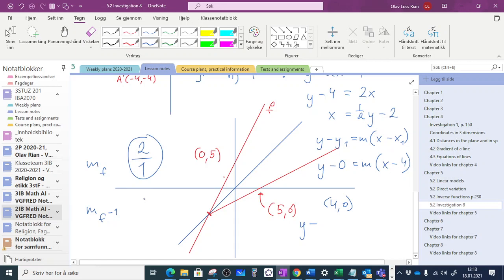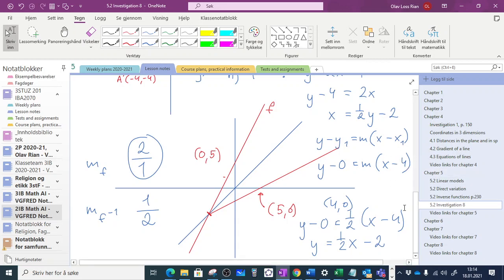M for f minus 1, we just invert it, so it's 1/2. So y minus 0 equals 1/2, and then x minus 4, y equals 1/2 x minus 2.